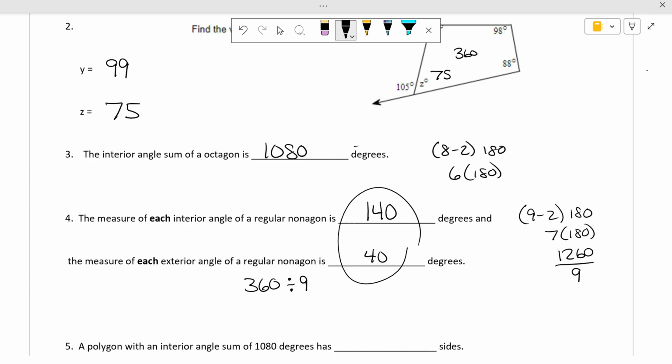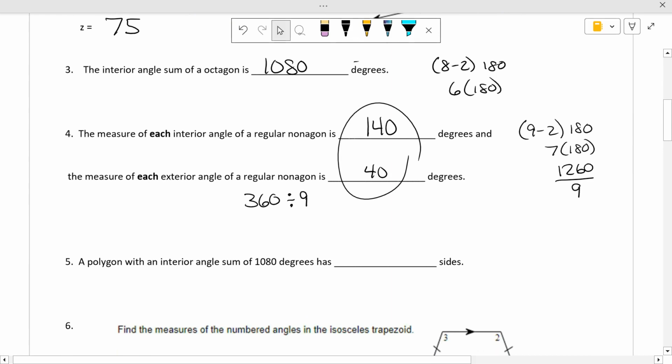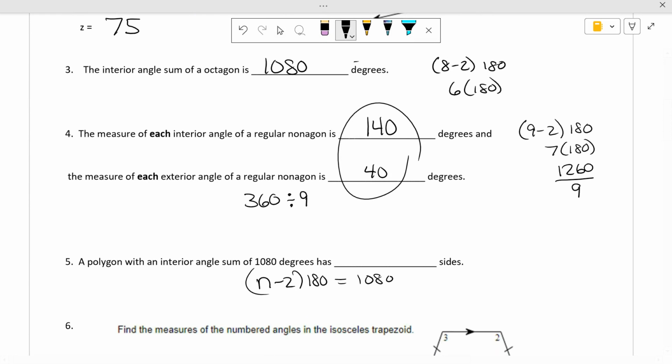What should these two answers always add up to? 180. So n minus 2 times 180 equals 1080.